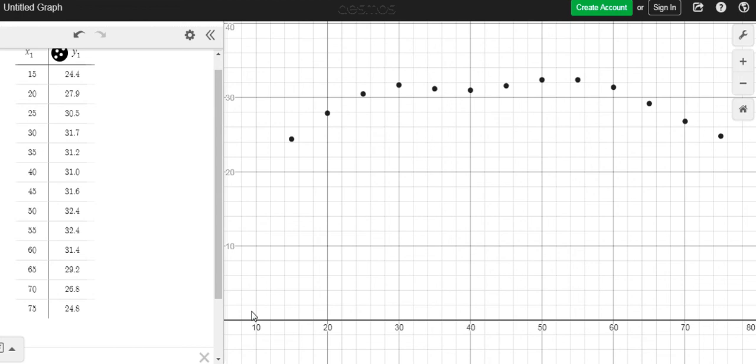Now, look at question B. It says, this data can be modeled using a polynomial function. Determine if the function that models the data would have an even or odd degree. Would you say this looks more like a U or a snaky thing?